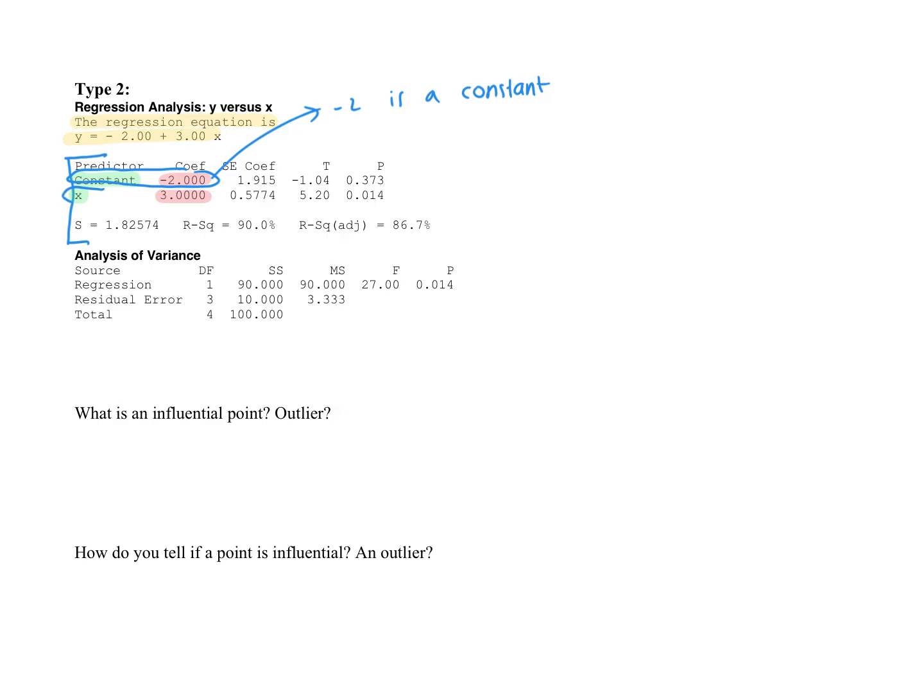And then for this line, 3 is the coefficient on x. So if we were to write our equation, negative 2 is a constant, and 3 is our coefficient on x.